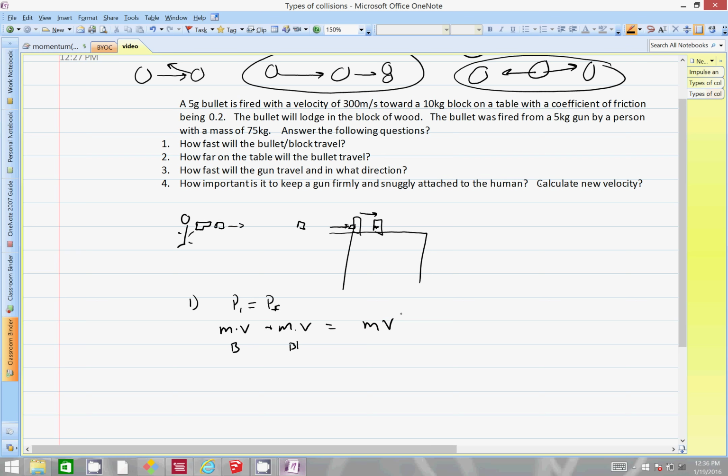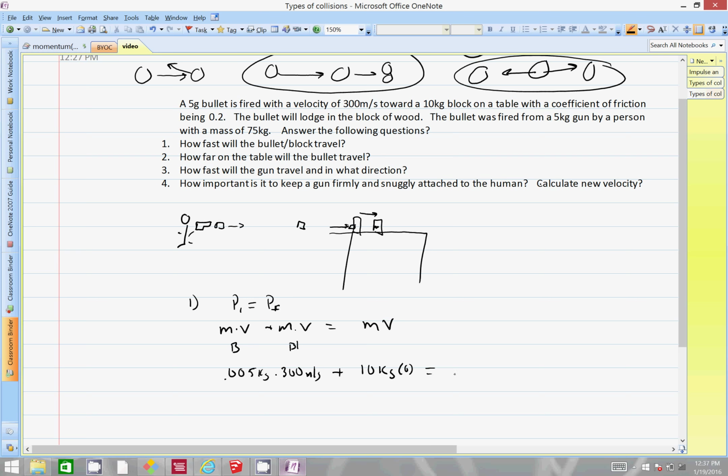In this case, the mass of the bullet is 5 grams, or 0.005 kilograms. The velocity of that bullet is 300 meters per second, plus the mass of the block, which is 10 kilograms, but it has no velocity, so that will eliminate.